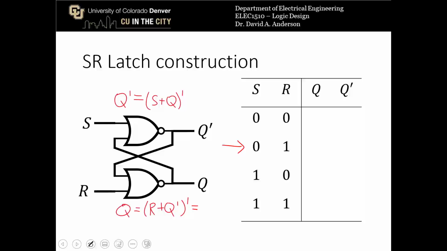Well, in the second expression for Q, R is a 1, so we get 1 or Q prime, which is equal to 1 prime, which is equal to 0. So Q here is a 0. In the top expression, S is a 0, and Q, as we have already determined, is a 0. So we get 0 or 0 prime, which is 1.